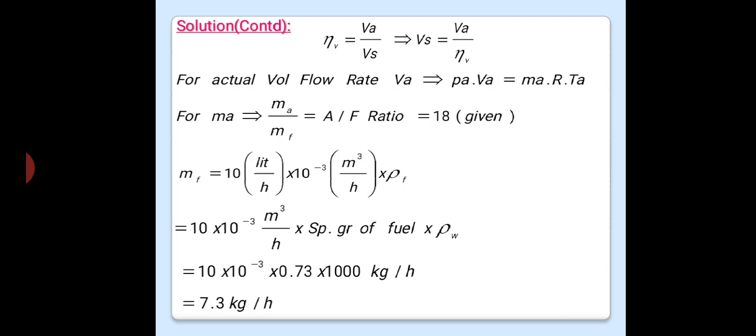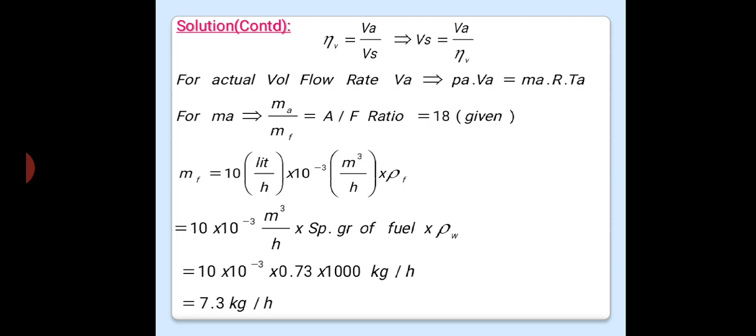So from that we can calculate mass of air, that is MA upon MF is equal to air fuel ratio. So mass of fuel consumed they have mentioned 10 liter per hour. So we are going to convert this in meter cube per hour.